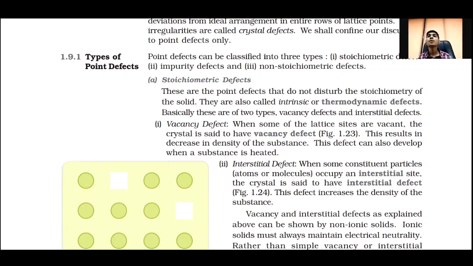Those are the point defects that do not disturb the stoichiometry of the solid. Means it is not that there is a lot of defect in one place and none in another; there is a common defect everywhere, so it does not change the chemical properties, and it is known as a stoichiometric defect. They are also intrinsic or thermodynamic defects. Basically, there are two types of these defects: vacancy defect and interstitial defect.